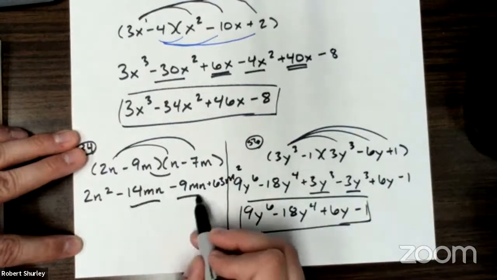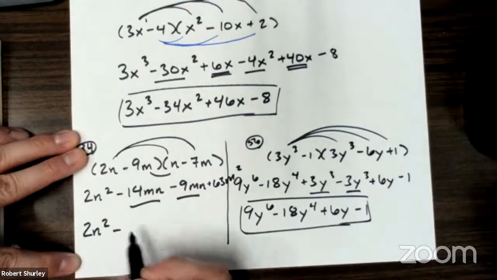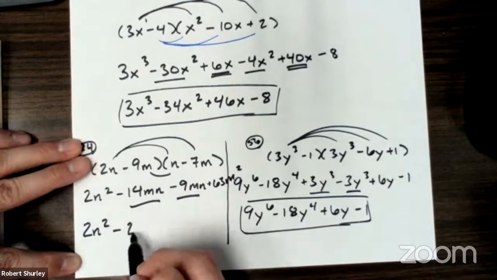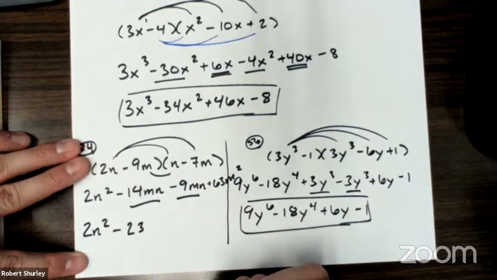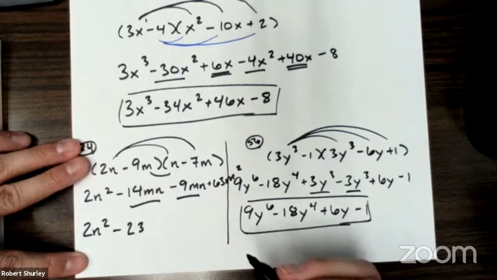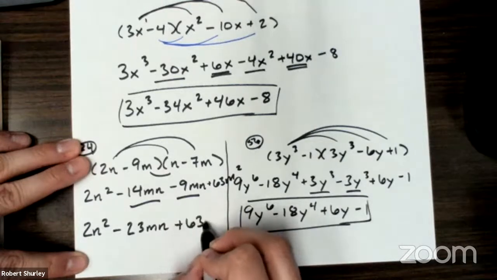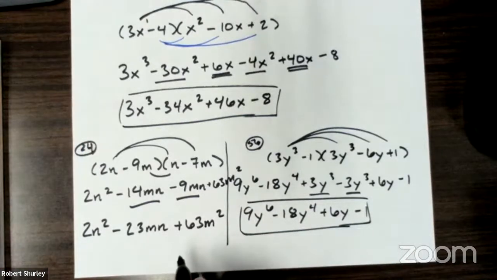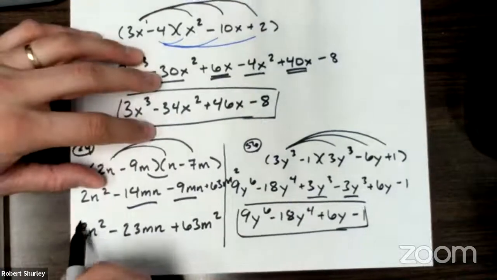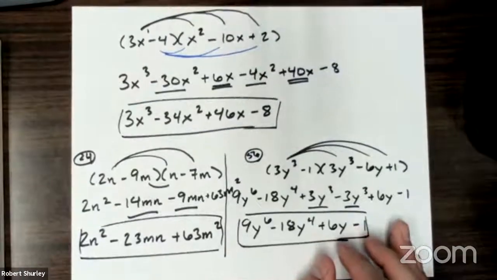So I can add the middle two together, right? Negative 14 minus 9 is negative 23. So 2n squared minus 23mn plus 63m squared. That was number 24 in your homework. Questions, comments, concerns?